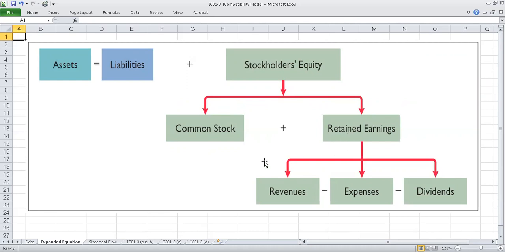Those are the two things that are going to affect equity over the course of a year. Taking on more owners, taking more cash from owners, or having more retained earnings. And of course, from the retained earnings statement preparation that we just did, we know that that's net income minus dividends.